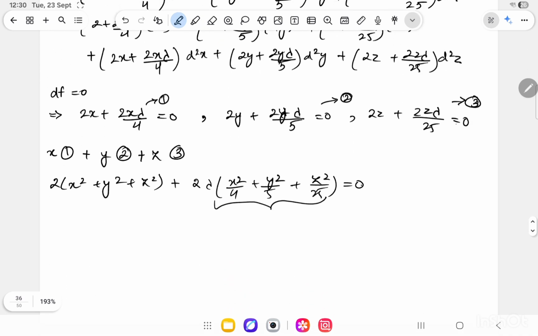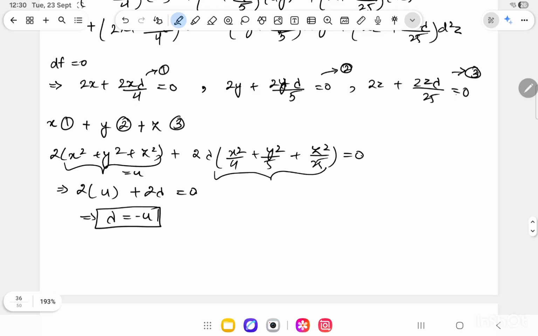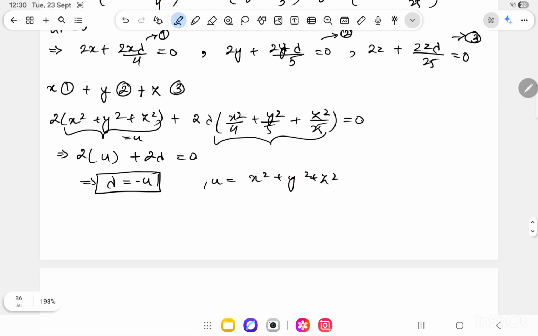So if I substitute this, and name x² + y² + z² as u, it will be 2u + 2λ = 0. So from here I'll get my λ as minus u, where u is basically x² + y² + z², whose maximum and minimum value we are supposed to find.